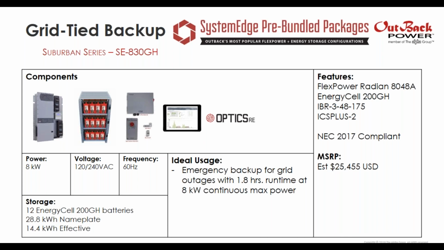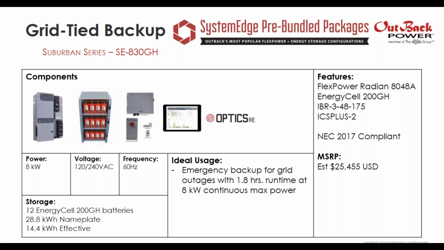It's got an extra stack of the GH batteries, so 50% more stored energy for backup use. You can run that 8 kilowatts for up to 2 hours with the battery system here. That's very rarely how you would really use it, but you can if you need to.